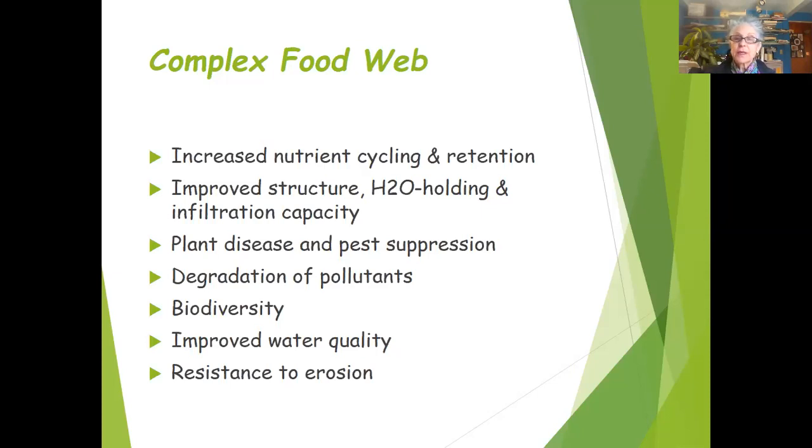Many soil organisms also attack pathogens, and that reduces plant diseases in plants that are growing in a healthy soil ecosystem. There's also promising research going on showing that a healthy soil ecosystem may help to degrade pollutants through various pathways. This in turn improves water quality of water draining off of land.